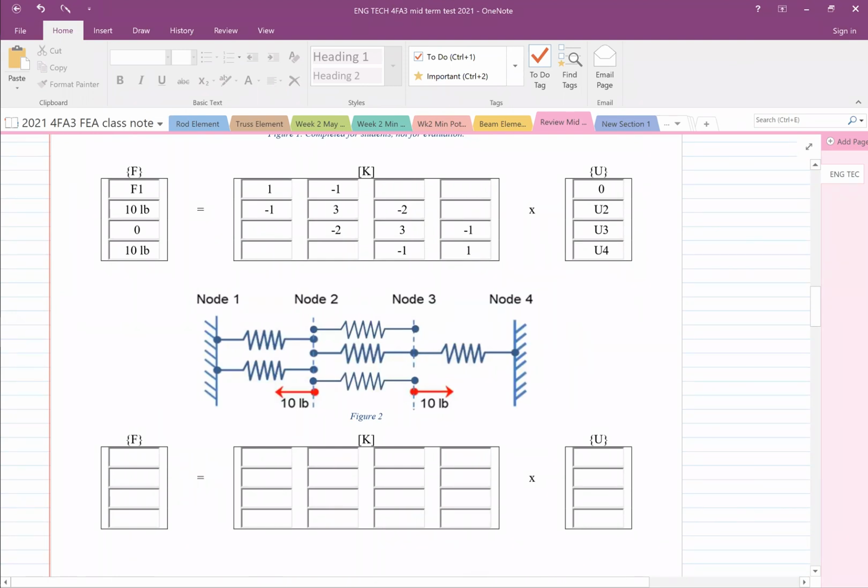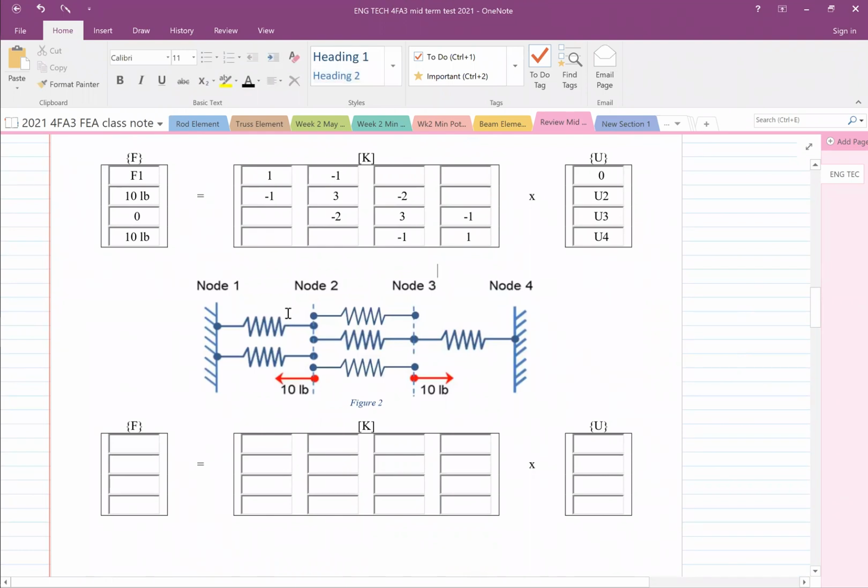To see a problem like that, I start with the stiffness matrix of the first portion between nodes 1 and 2. Between nodes 1 and 2, we have 2 elements, and each one is 1, negative 1, negative 1, 1. So 2 of them will be 2, negative 2, negative 2, and 2. So this part is done.